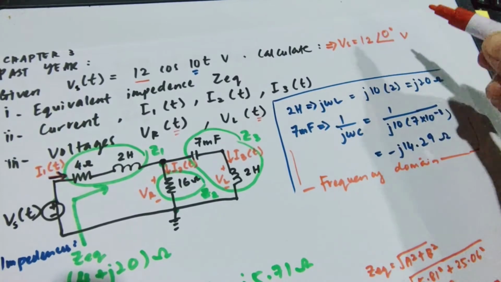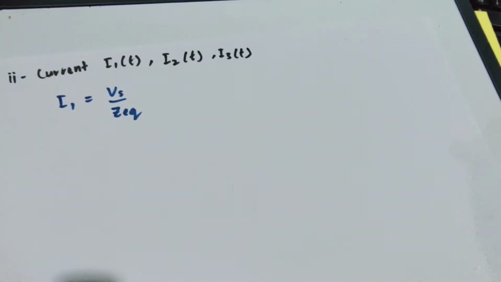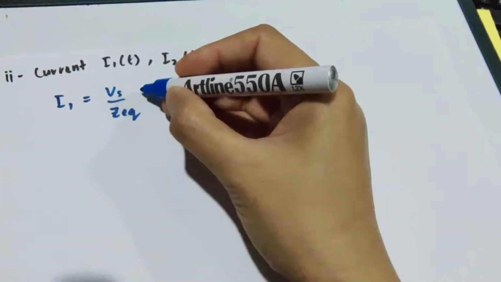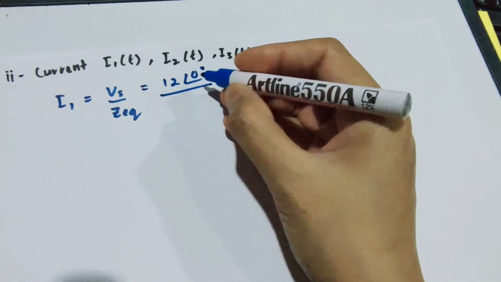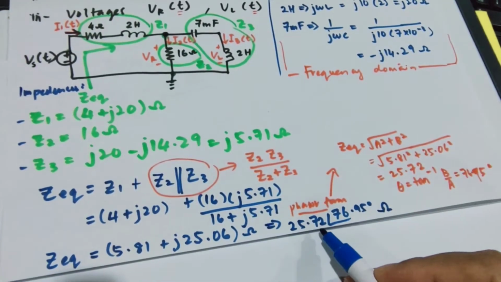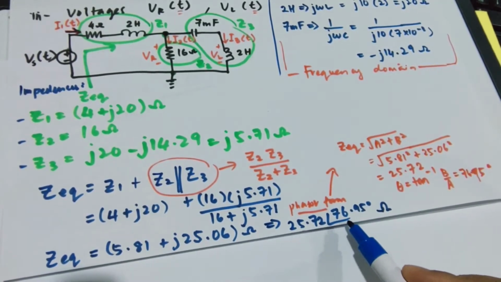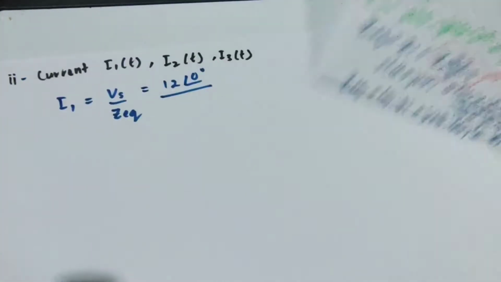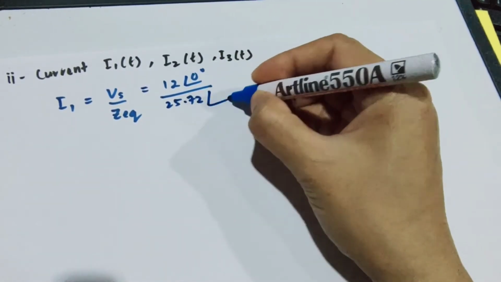So Vs is 12 angle 0, divided by Z equivalent just now, 25.72 with theta 76.95.